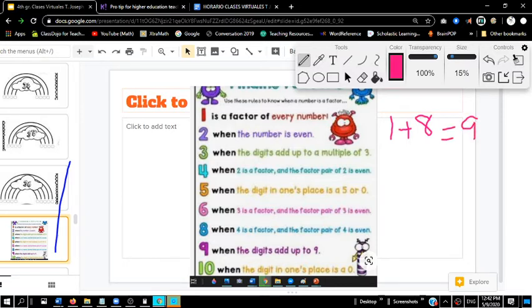So when the digits add up to 9, that gives us a factor. If we have 3 plus 6, that's going to give us our 9, right? And we have 7 plus 2, that's going to give us a factor of 9. So when those digits add up to 9, 9 is a factor.